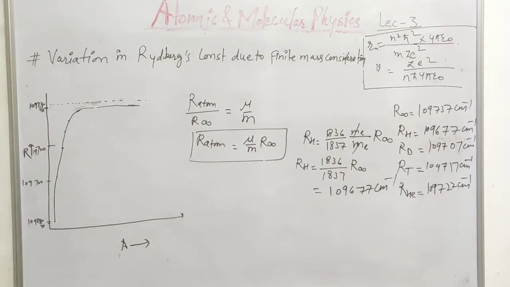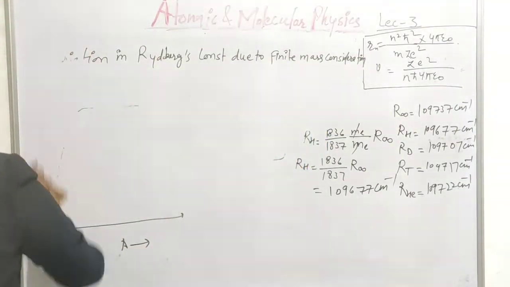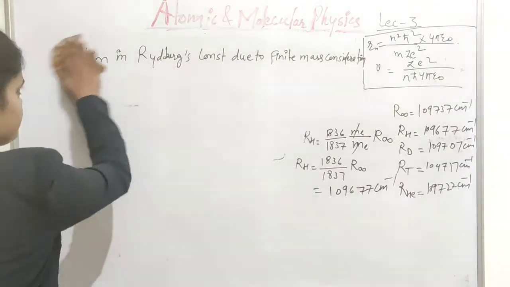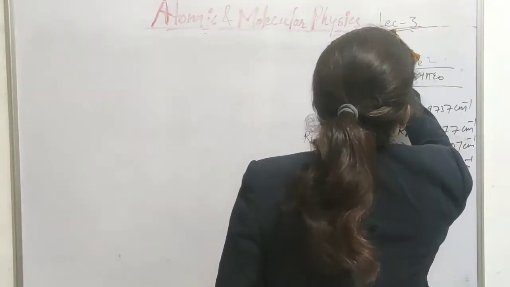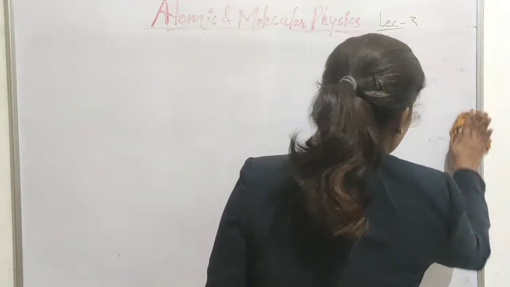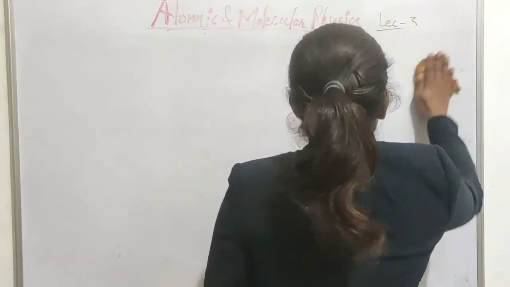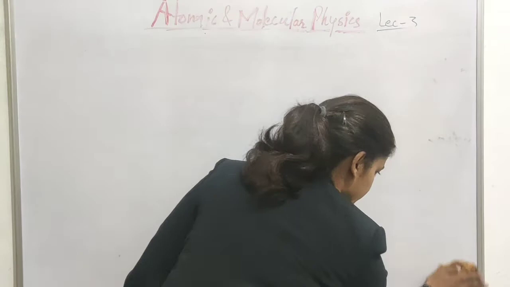So this is all about Rydberg constant. Next we will see various atoms, various configurations. Let us write them in tabular form so that it will be easy for you to remember.